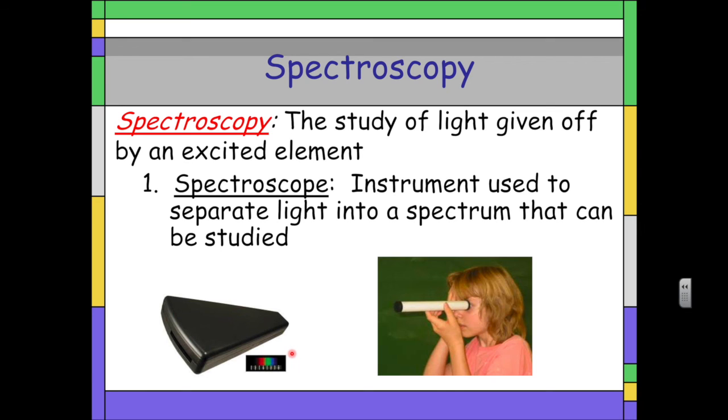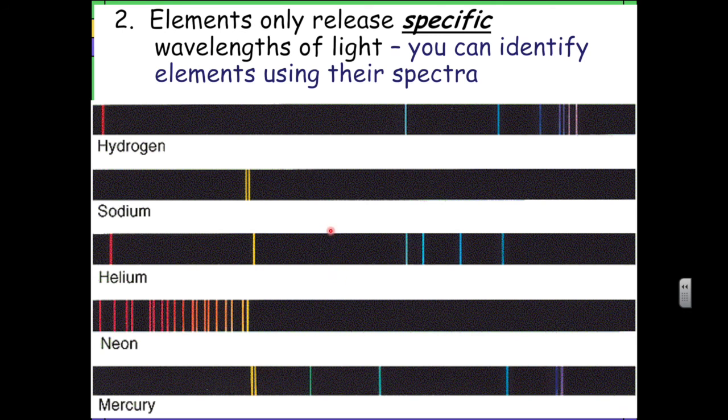Now, if you go out and look at sunlight, not directly at the sun, you get a continuous spectrum right here. That's because of all the things that are in the sun and a lot of astronomical reasons. Now, if you look at just specific elements that are burned, you get these lines.